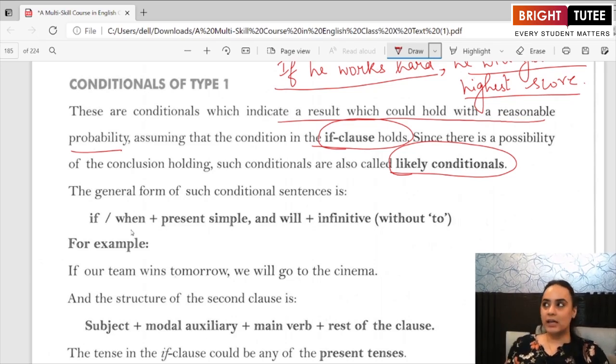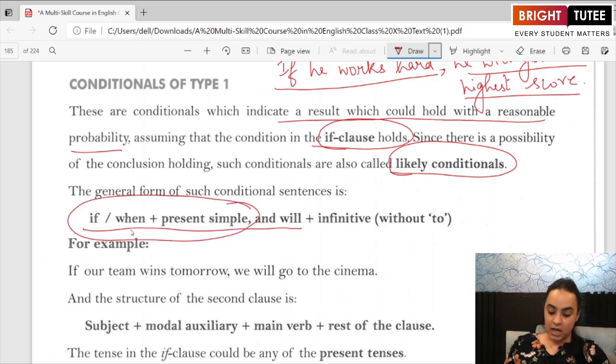Let us first look at the structure of the conditionals of type 1. If plus the present simple tense, again the simple present, plus will, and the infinitive is used. The infinitive does not begin with a to.